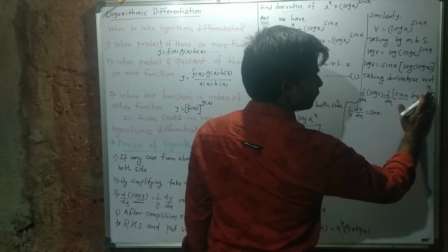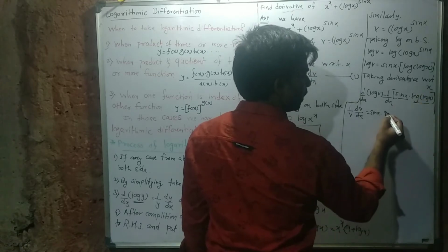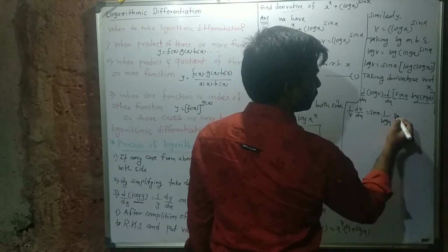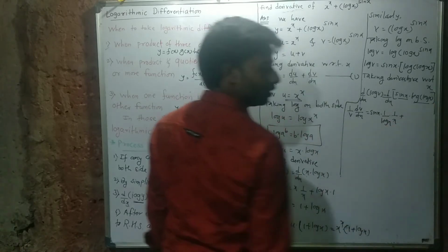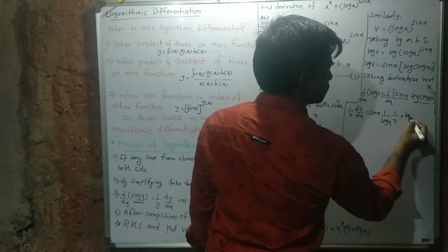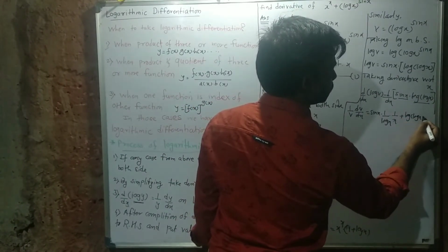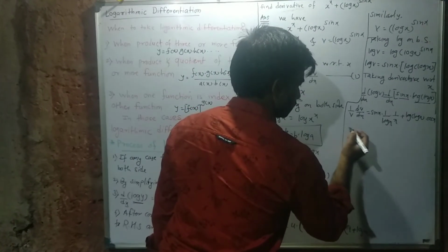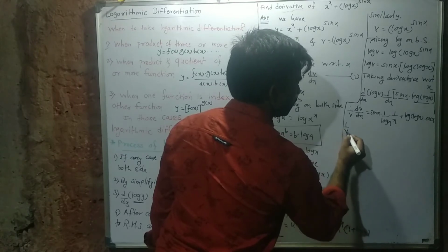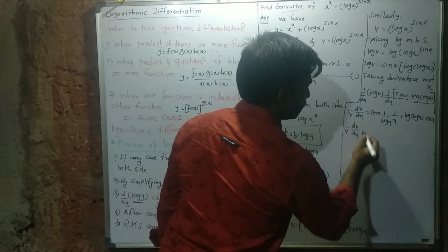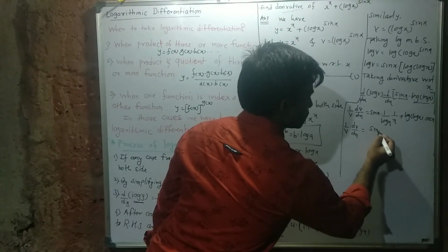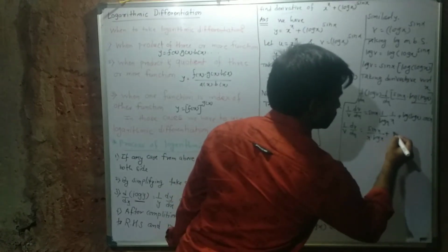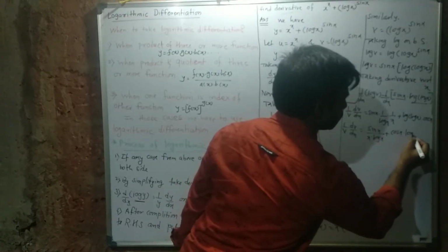First of all, it is a composite function, so cover the log x: 1 divided by log x is the derivative of log x, into log x having derivative 1 divided by x, plus the second function put as it is, log of log x into the derivative of sin x, which is nothing but cos x. Arranging this, we will get 1 divided by v into dv by dx is equal to sin x divided by x into log x plus cos x into log of log x.